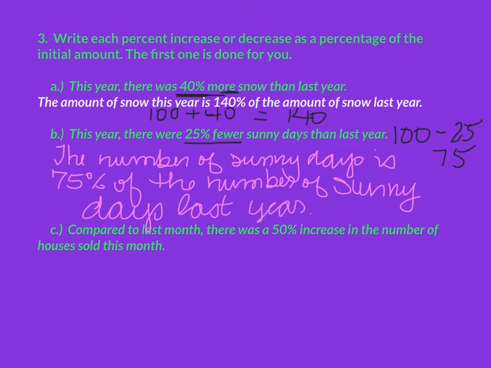Okay, so next one, compared to last month, there was a 50% increase in the number of houses sold this month. So that's 100 plus 50. We know that that's 150. So again, this should be very easy to do.